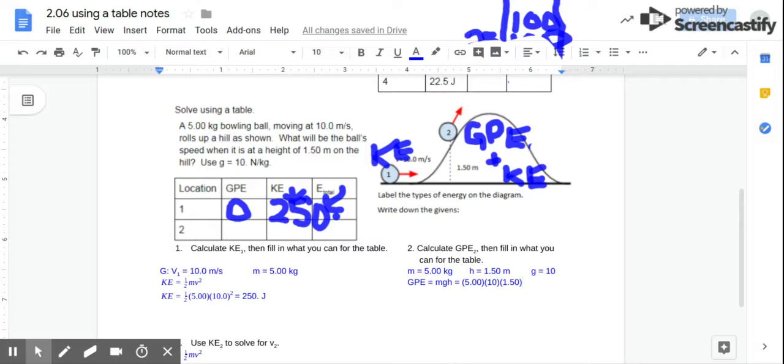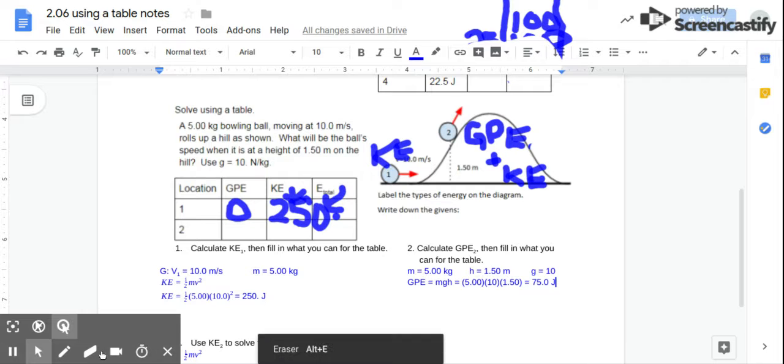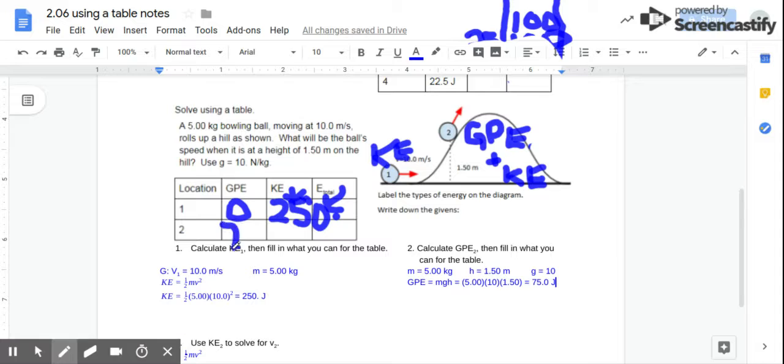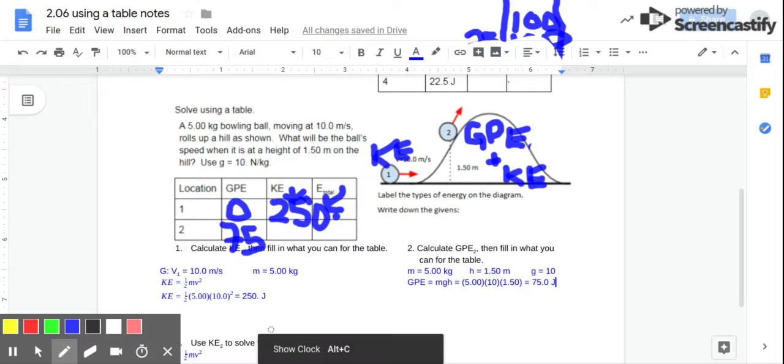I'll actually use the calculator for this today. 50 times 1.5, so 75. 75, and I'll put 0.0 joules. So that would go into GPE. So GPE2 is 75, and in the table with this stupid marker, I'm just going to write 75.